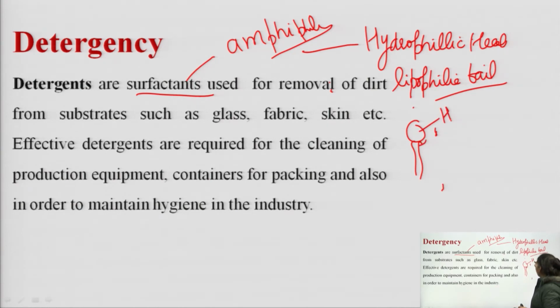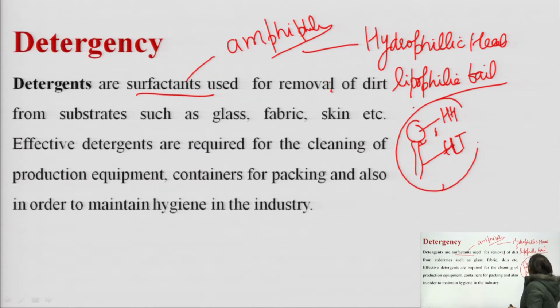This is the hydrophilic head and this is the lipophilic tail or hydrophobic tail. Okay. So, a surfactant molecule consists of both hydrophilic head as well as lipophilic tail. So, it is known as the amphiphils.